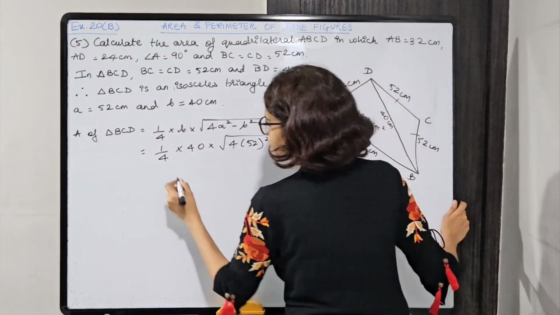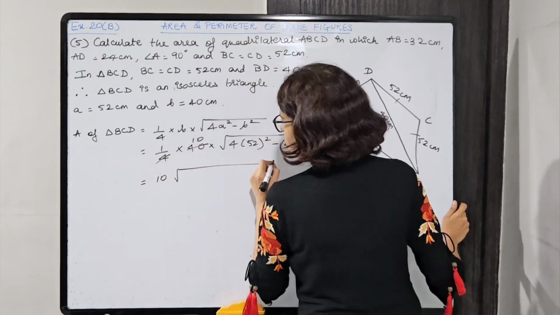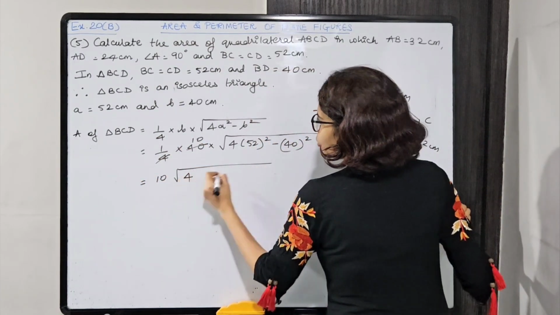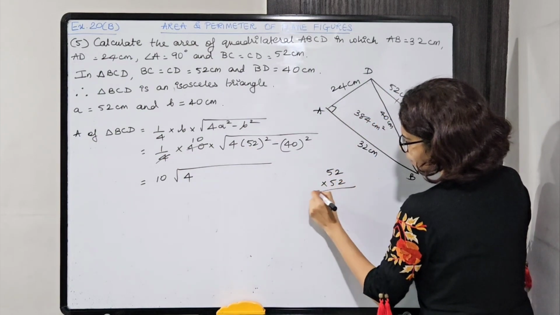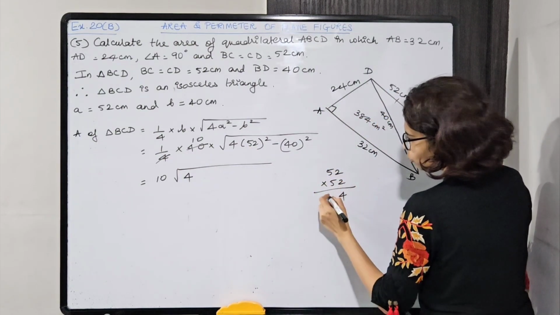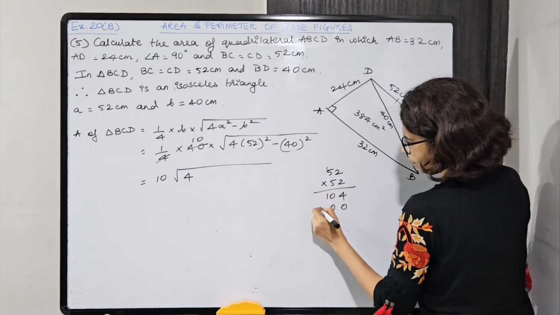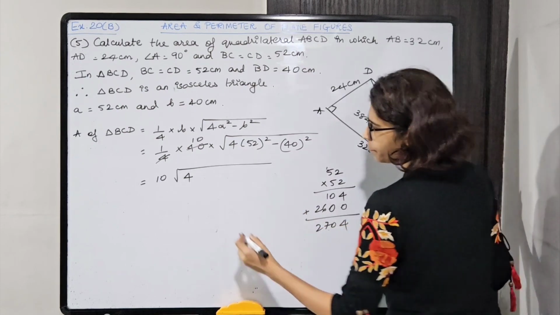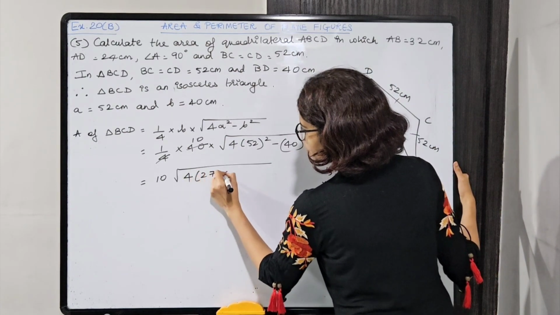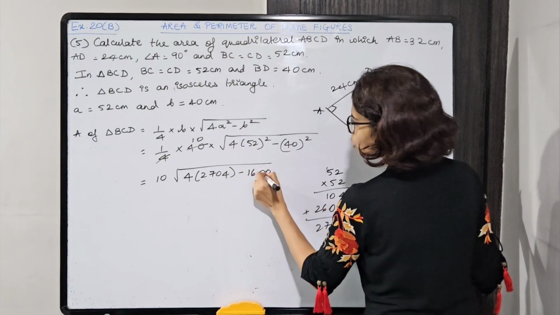Okay, 4 tens are 40. So 10 into root 4 into 52 square, तो 52 का स्क्वायर, 2 2s are 4, 2 5s are 10, 0, 5 2s are 10, 26. So 2704 मिल रहा है. ओके, 40 का स्क्वायर, 4 का स्क्वायर 16, 0 है, डबल कर दो.